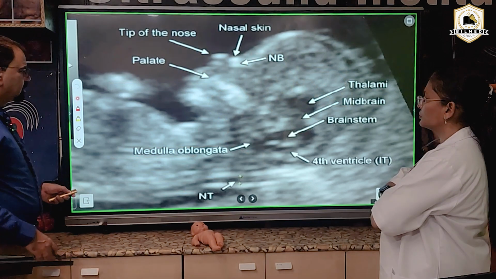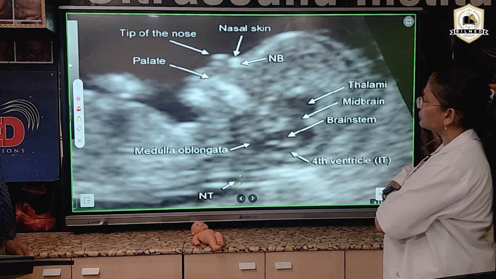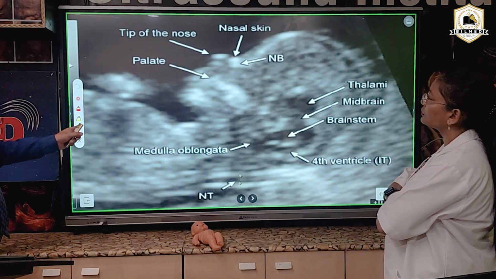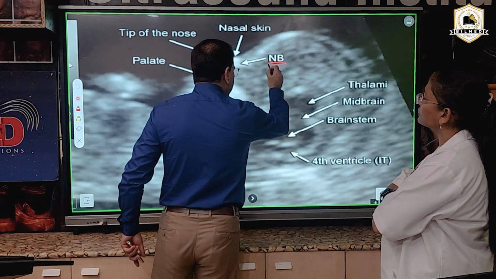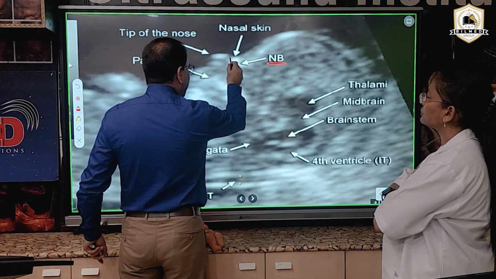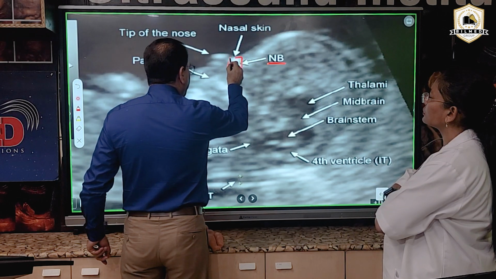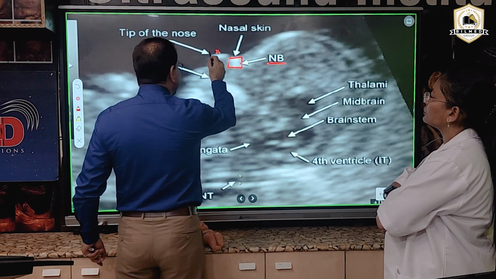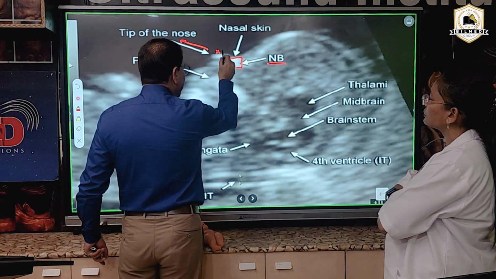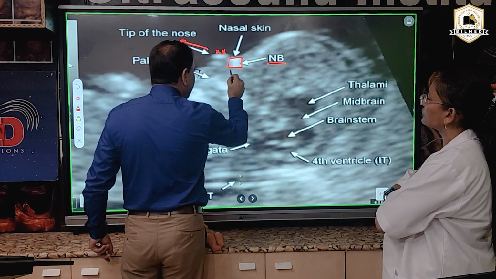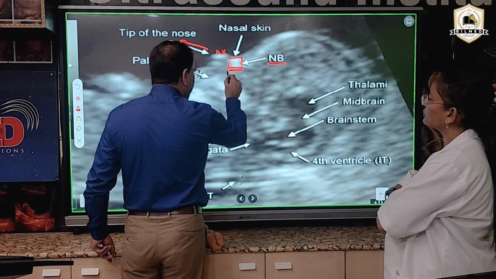Now, these types of structures you will be seeing over here when magnified. First of all, the nasal bone. Try to understand, this is the nasal bone over here. Not this, this is the nasal tip. So don't include the nasal tip. You have to take the nasal bone measurement from here to here.